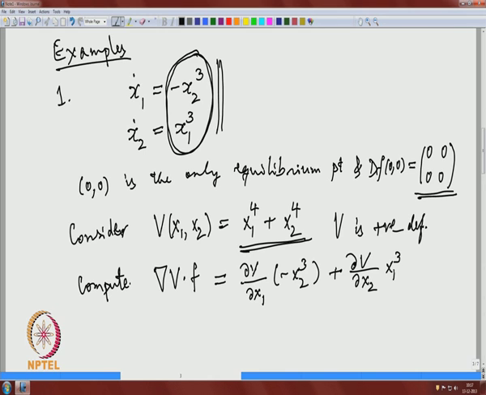If you compute these derivatives of V with respect to x1 and x2, you observe that this is 0. The stability theorem of Lyapunov requires this to be less than or equal to 0, and here it is identically equal to 0, so it is more than that. Therefore (0, 0) is stable, and since it is not strictly less than 0, it is not asymptotically stable.